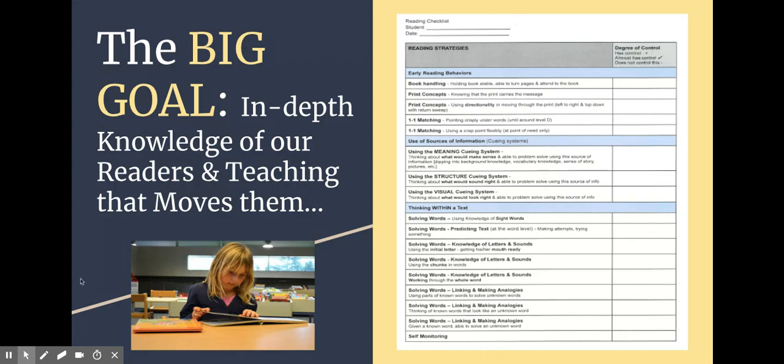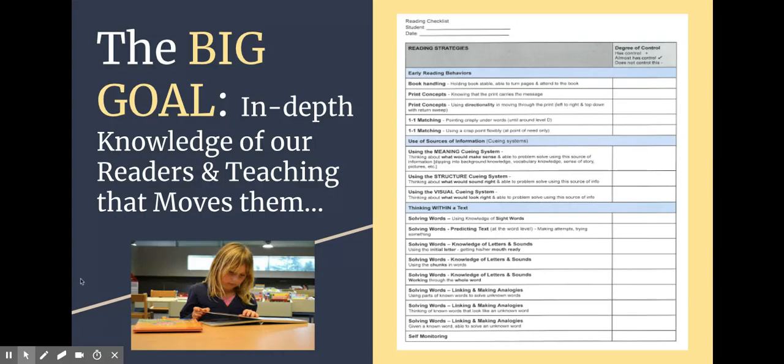So this running record for sure gave us information about our big goals with Stephanie. You have the strategy checklist that's pictured in this slide on the Google form to give you an idea of just what it is we're looking for. So with Stephanie, we had plenty of evidence about early reading behaviors.